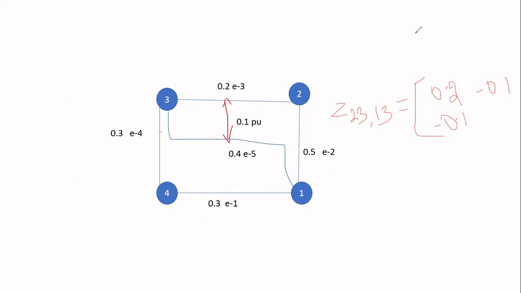This is the mutual impedance that is added in between 3-2 and 3-1. That value is 0.1, and we consider it as minus 0.1. This is also minus 0.1. In this matrix, 0.2 is the element added in between 2 to 3, and this is the mutual impedance, minus 0.1 and minus 0.1. Next, this is the element that will be added in between 1 to 3. What is that element?